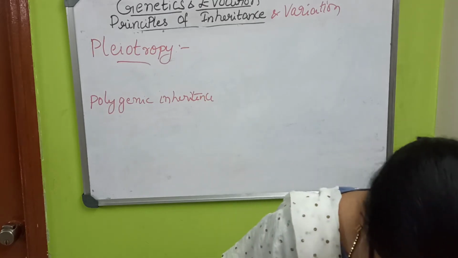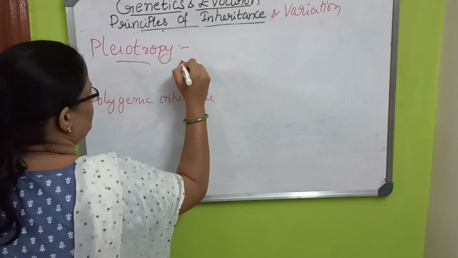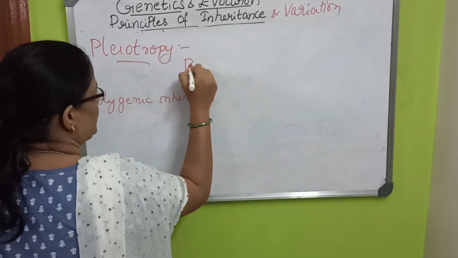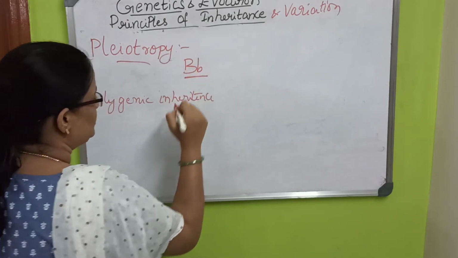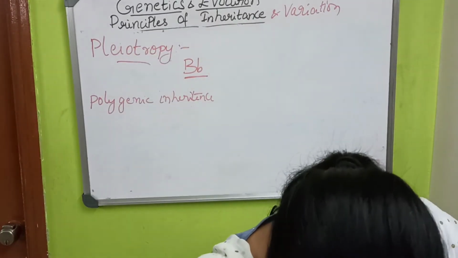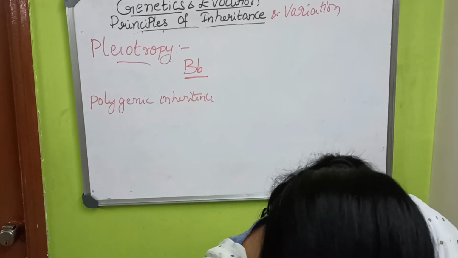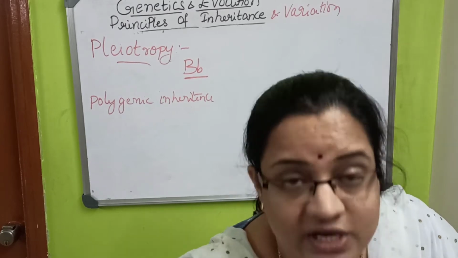Alleles, suppose TT or BB in Drosophila, and a single gene can exhibit many phenotypic expressions, which we are learning in further lessons.